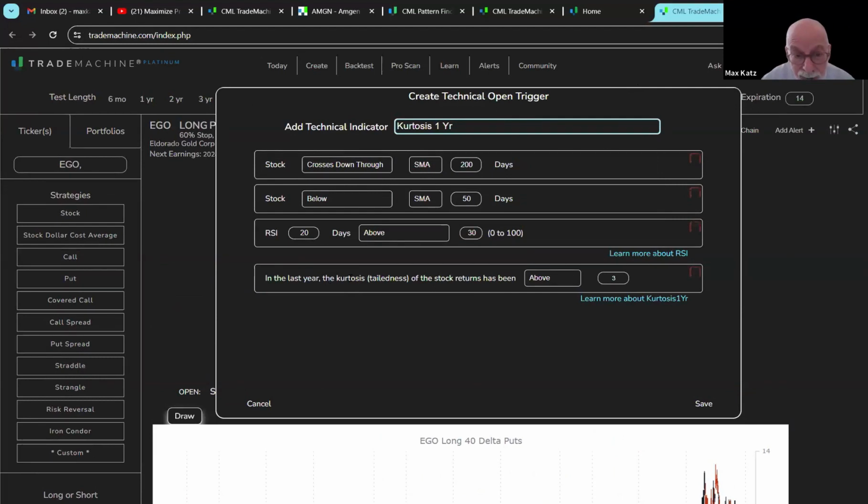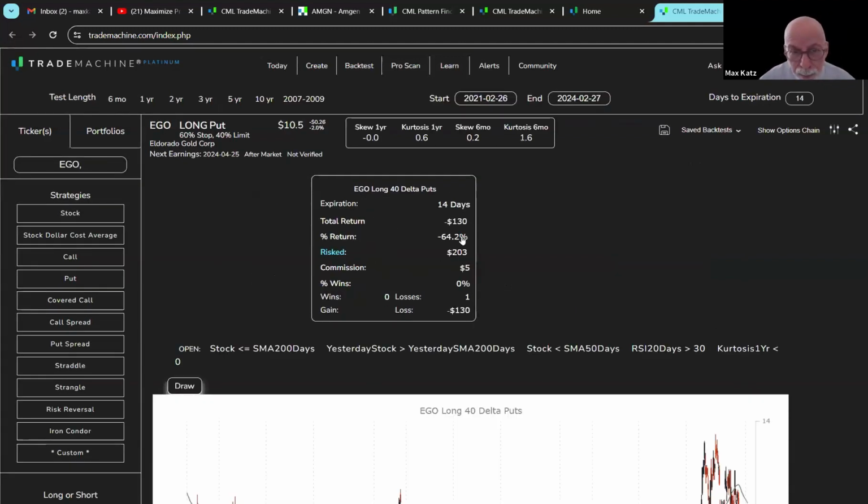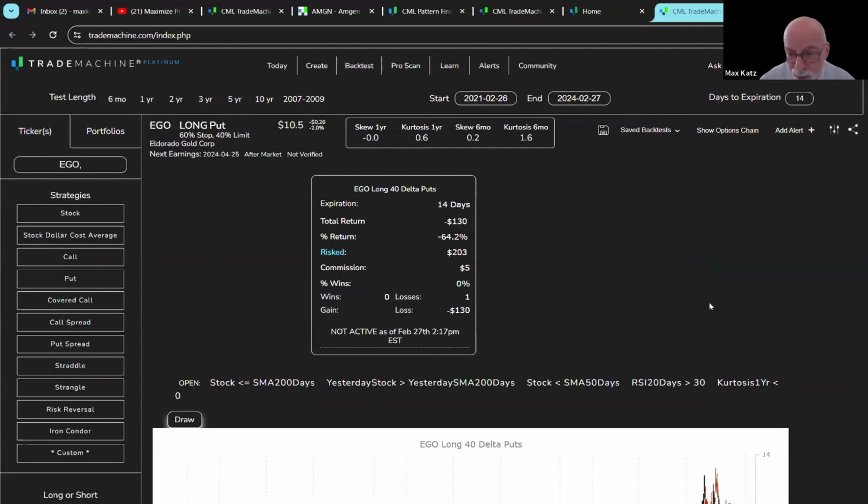And so I've added a new additional technical open condition. In the last year, the kurtosis, which is also called the tailedness of the stock returns. Since it's a bearish trade, we'd like to see kurtosis 1 year below 0. So there's my new condition. I save it, and the backtester will automatically rerun the backtest.